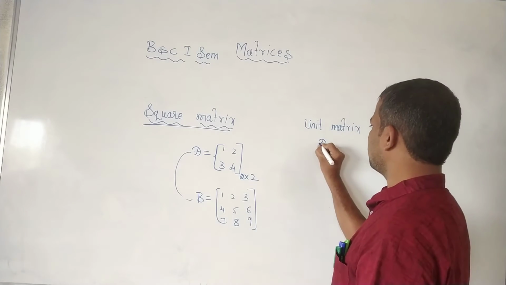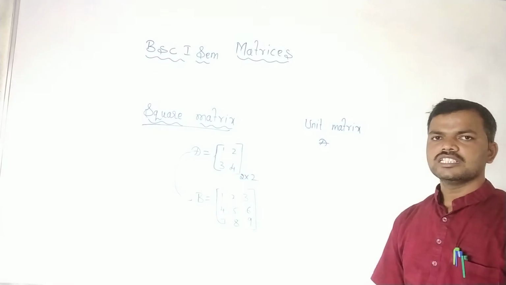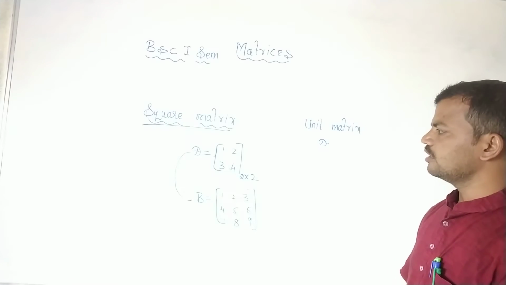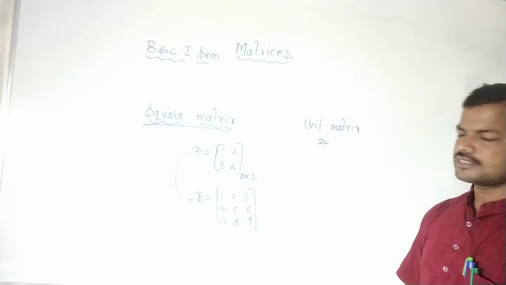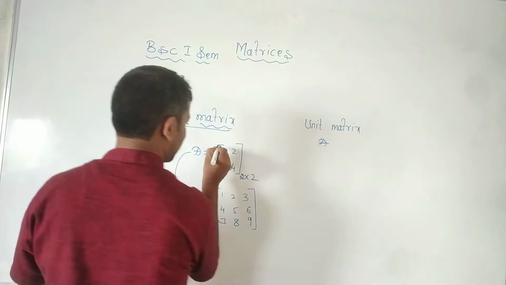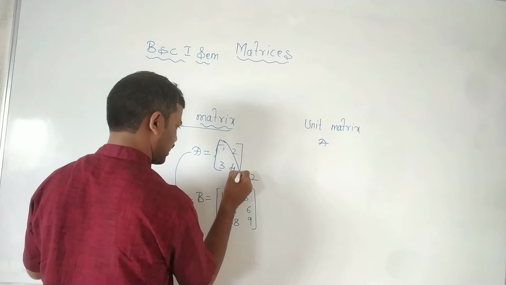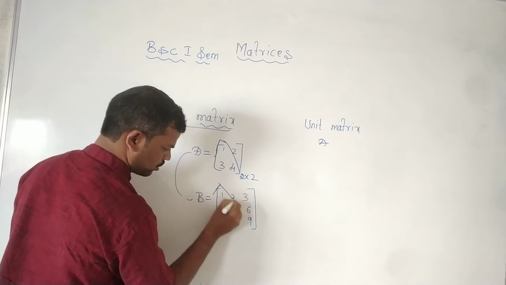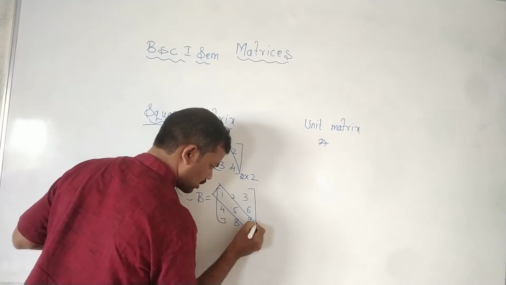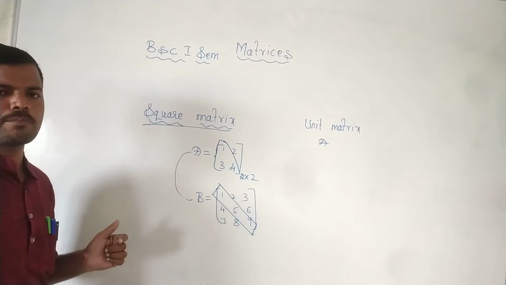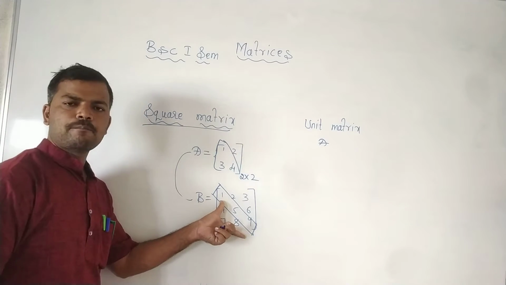In a square matrix, from the left top to the right bottom is called the principal diagonal.